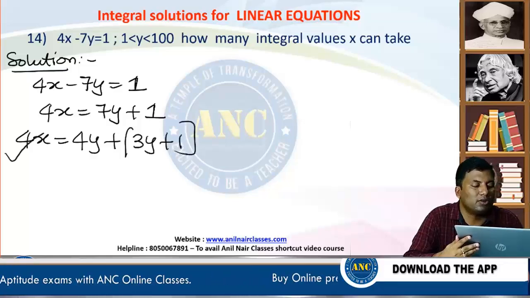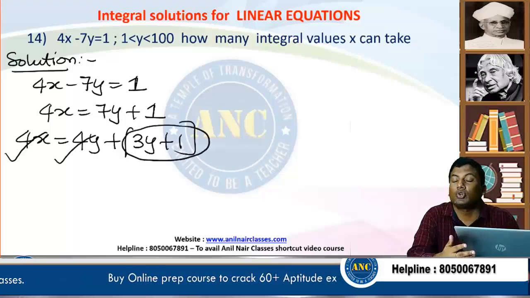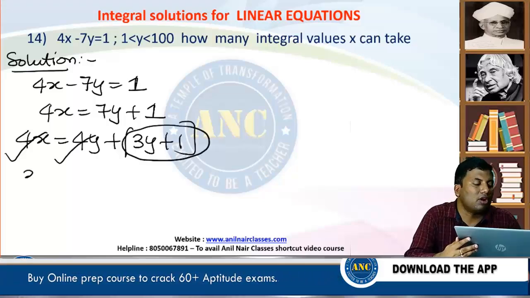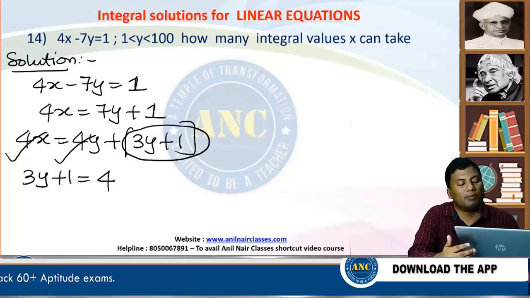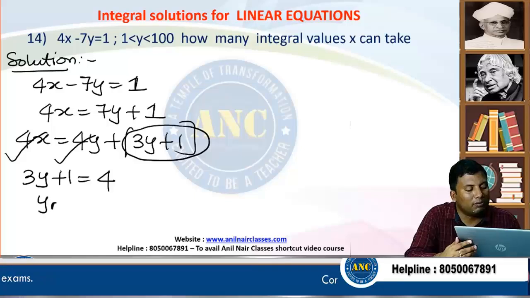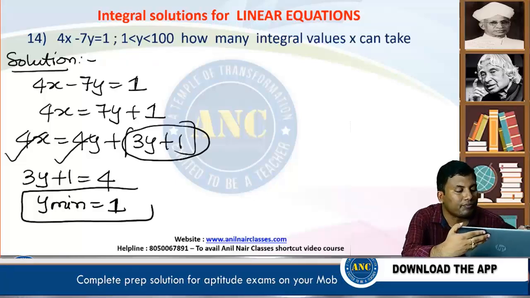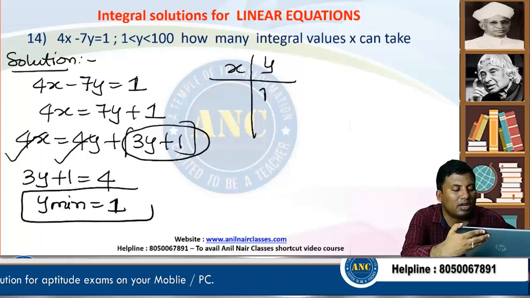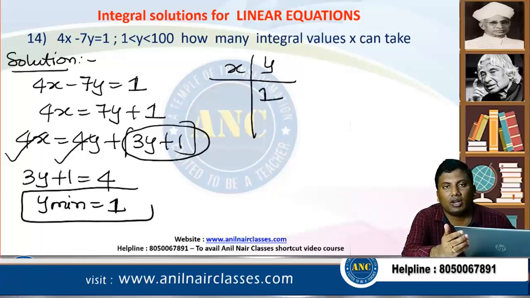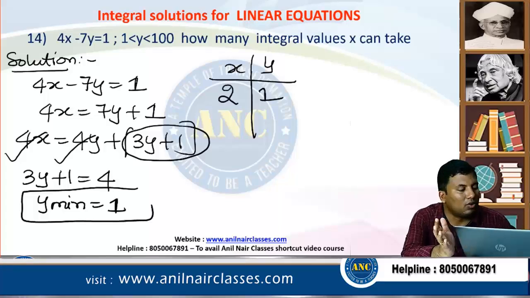This is divisible by 4, this is divisible by 4. 3y plus 1 should be divisible by 4. What is the lowest multiple that is divisible by 4? 3y plus 1 is 4. Y minimum is nothing but 1. We have to find out the minimum value of a variable. If y minimum is 1, 4x minus 7 is 1, 4x is 8, x value is 2. I hope it is clear.